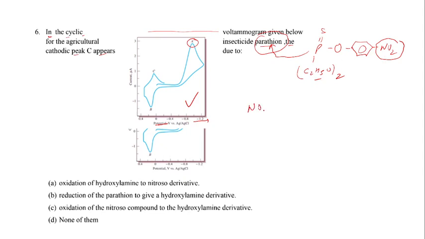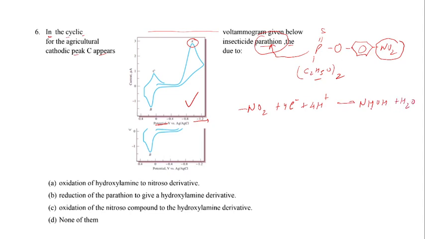It is nitro NO2, with the remaining part being the rest of the compound. It will gain 4 electrons, because you are adding negative potential, so you will get electrons, along with the same number of protons. It will give NHOH plus H2O.